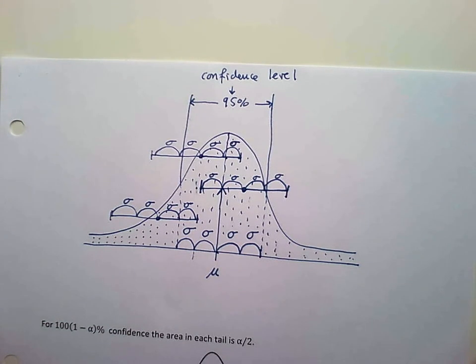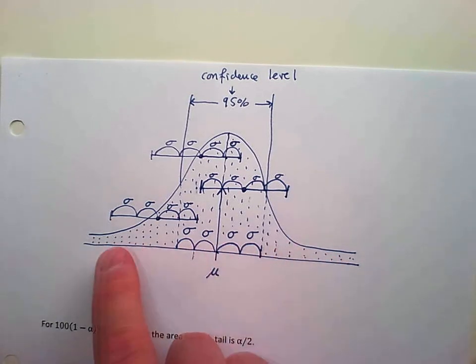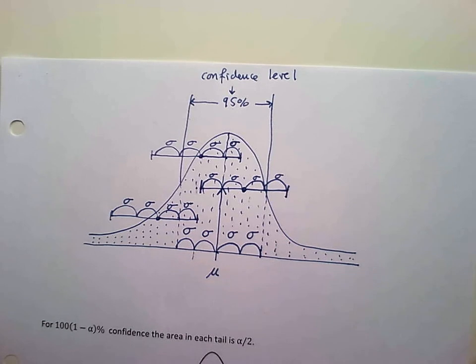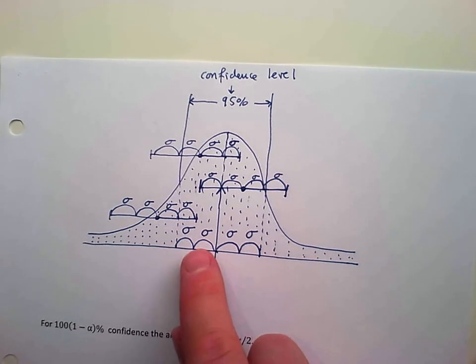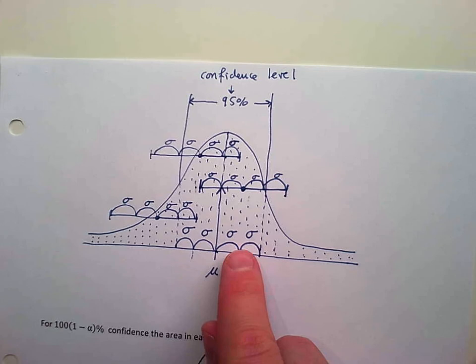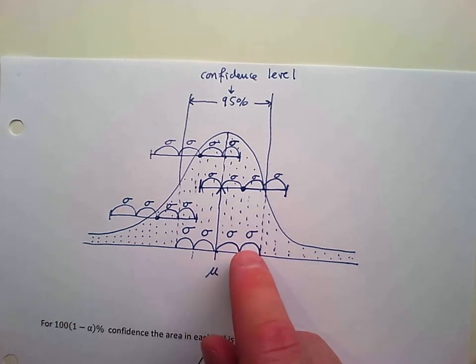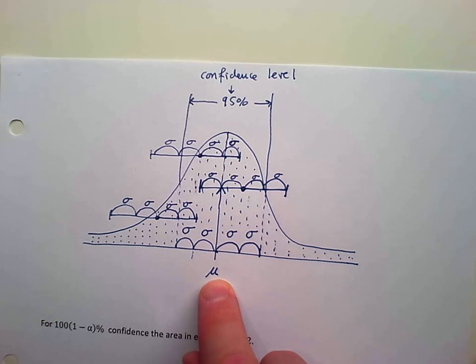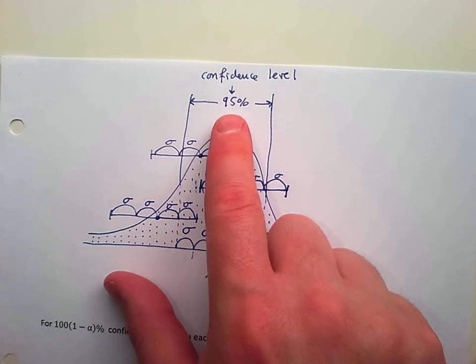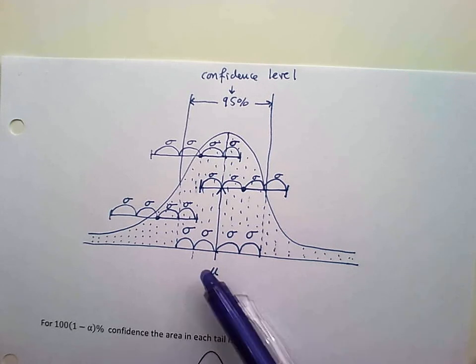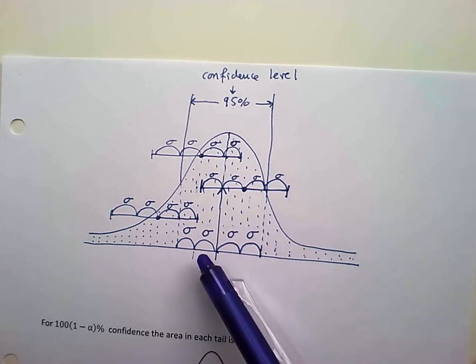Again, let me run through that scenario one more time so it makes a lot of sense why we're calling it our confidence level. If I picked one of these dots anywhere in here, and I didn't tell you which dot I picked, but I told you that I was going to subtract 2 sigma from it, and add 2 sigma to it to create my interval, and I then asked you, does that interval contain mu in it? You could say yes, but you would only be 95% sure that it does, because only 95% of the intervals that you create like that would contain mu in it.